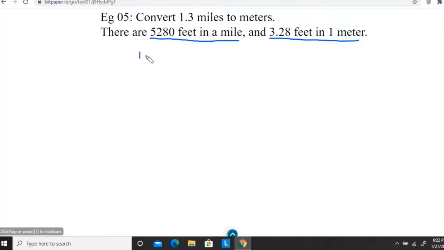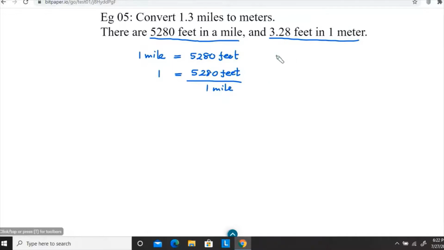So I know that 1 mile is equal to 5,280 feet. So then I'm going to divide both sides by 1 mile and then I get my first conversion factor. So that is this one.